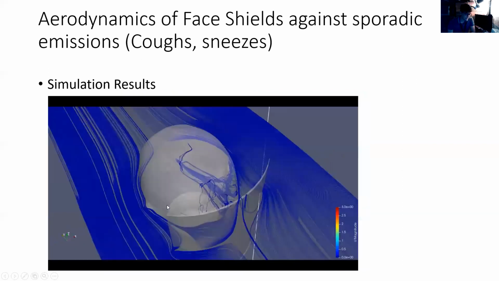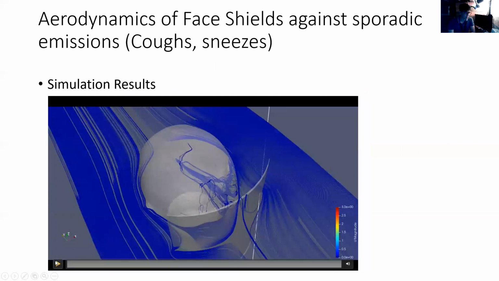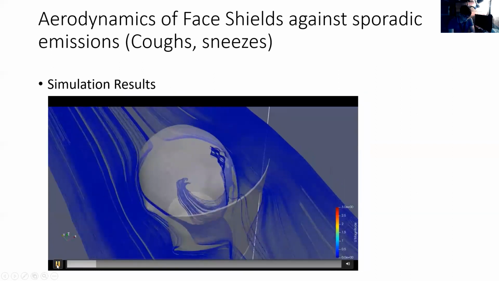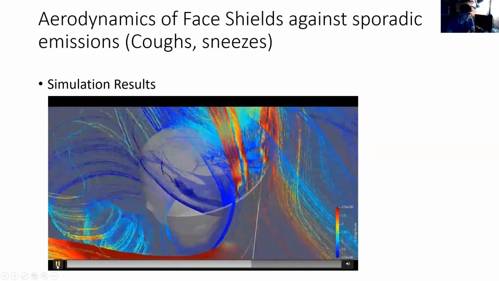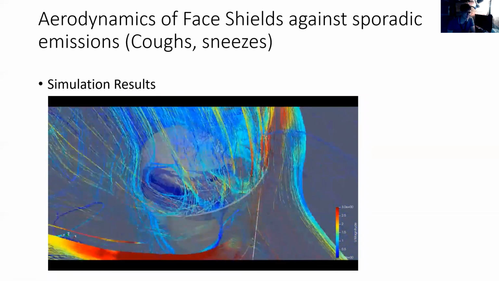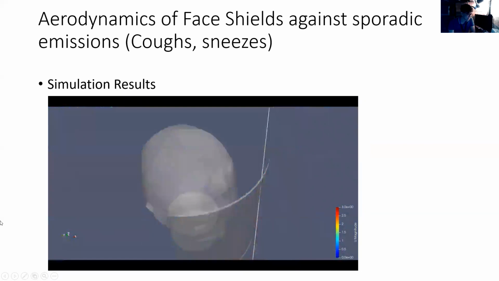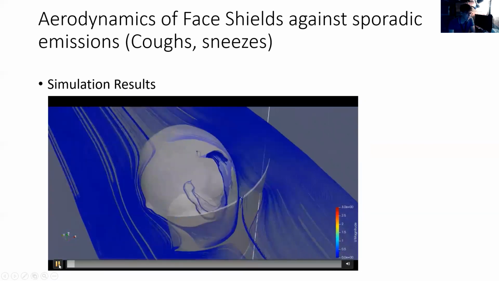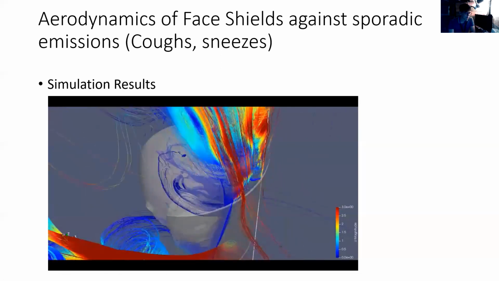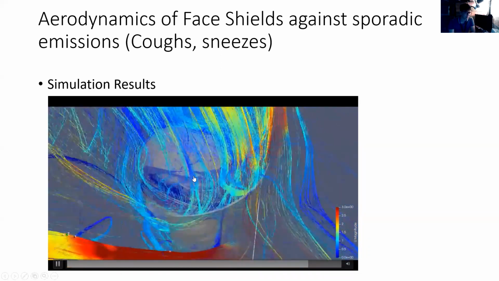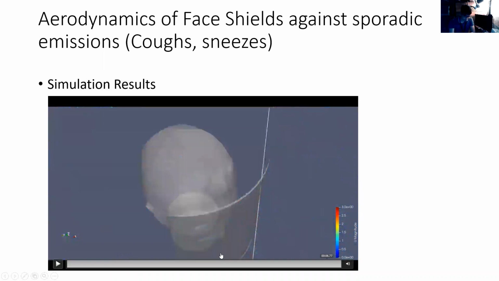And this is the front view, the time history of the streamlines of sporadic emissions. This is the visualization in full glory. Quite chaotic after impact. You can see there's recirculating air over there.